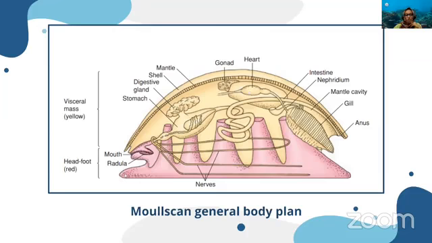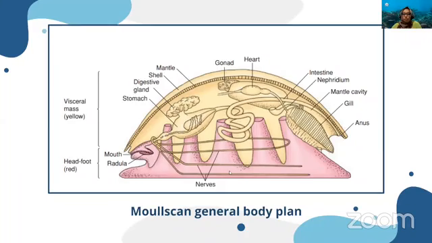From the mouth there's a special device called the radula, which is significant for these mollusks. And here you can see the foot, and from this nerve ring, the nerve cords are extended up to the end part of the foot.